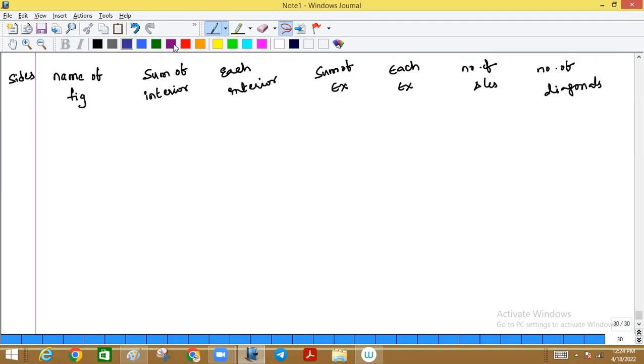If the number of sides is n, you call it an n-sided polygon. Sum of interior angles is n minus 2 into 180. Each interior angle is that divided by n. Sum of exterior angles is 360.